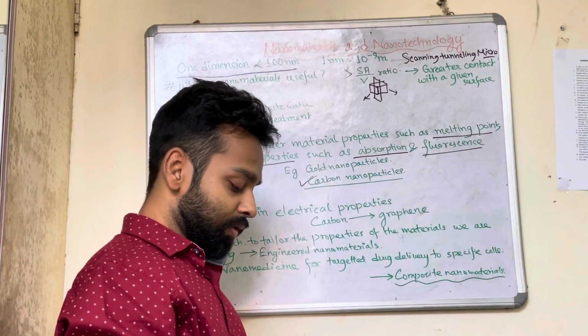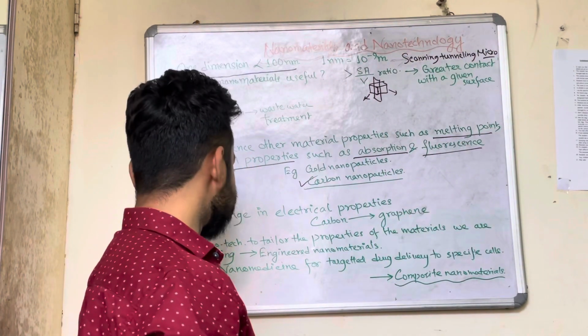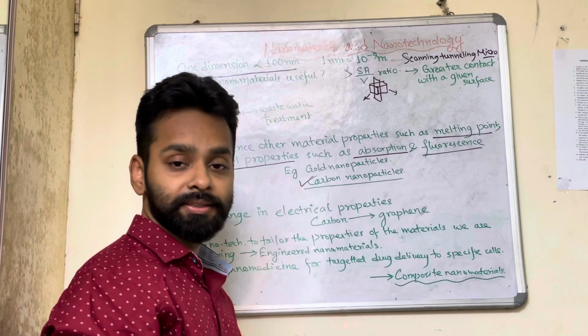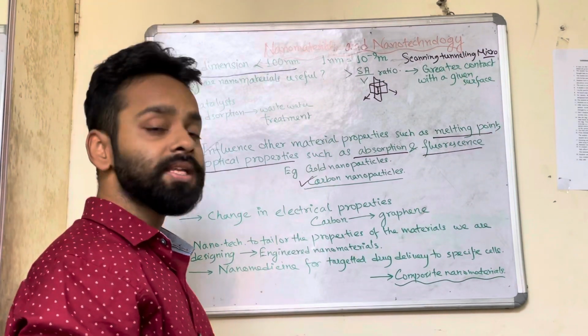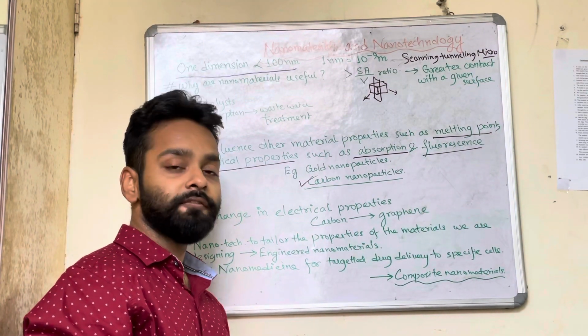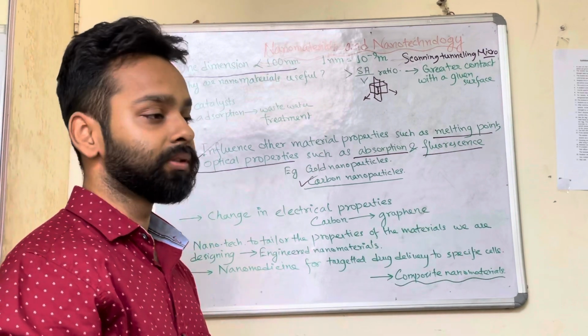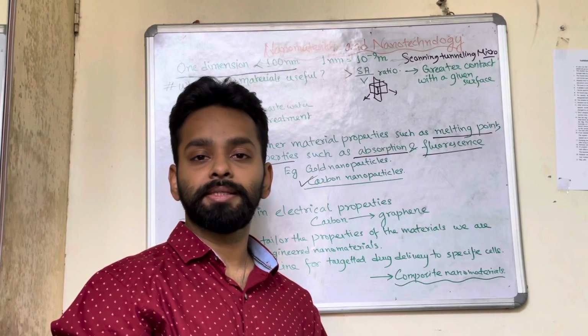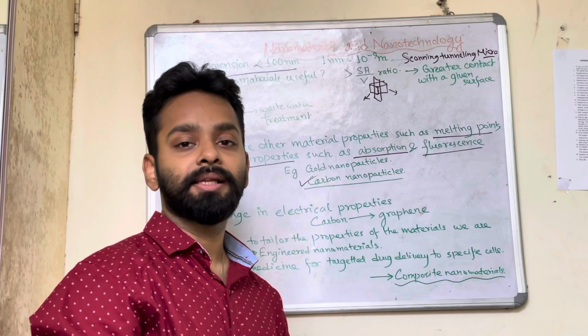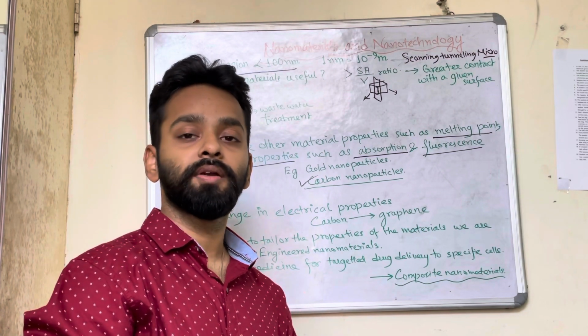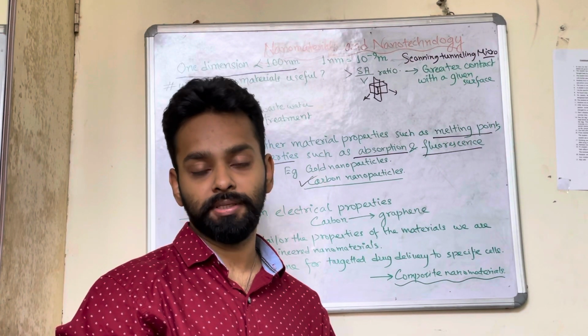Also, one of the more important properties of these nanomaterials is the change in the electrical properties. Again, if we take the example of carbon, in its bulk state it is an insulator, a non-conductor of electricity.